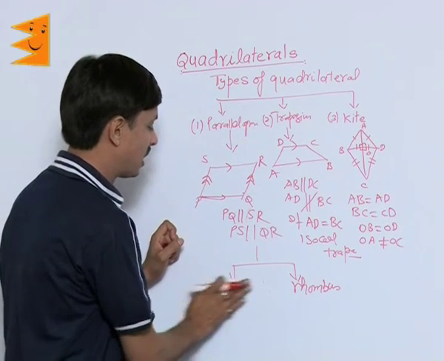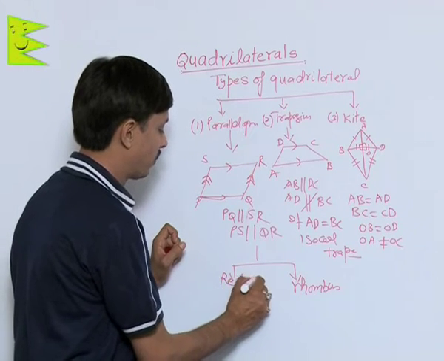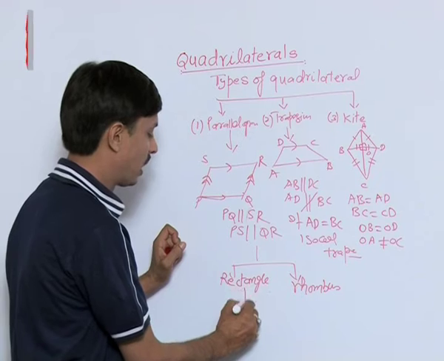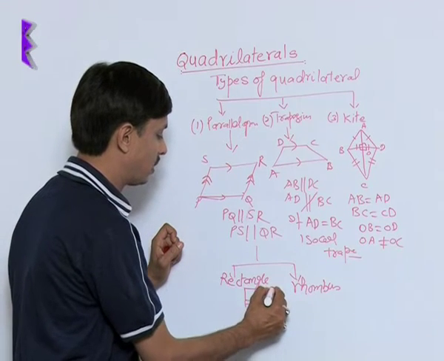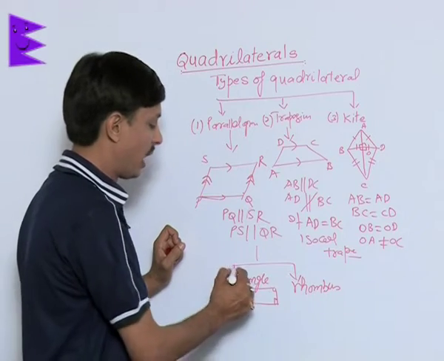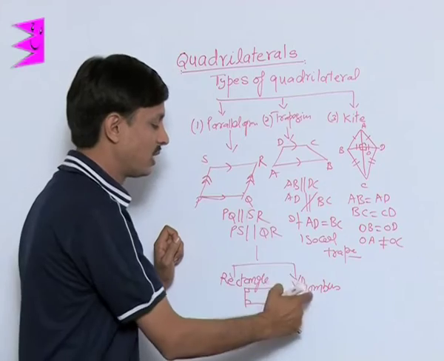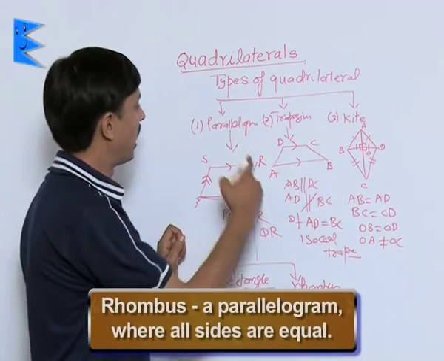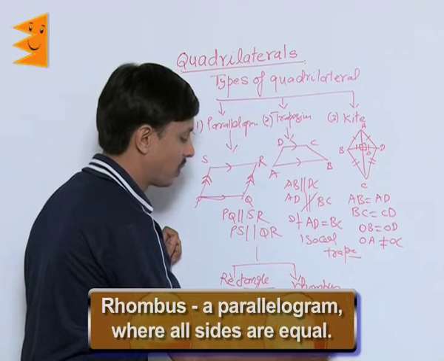So one of the varieties is the rectangle. What is the rectangle? Rectangle is that parallelogram where each angle is 90 degrees, and diagonals are equal. Diagonals bisect each other. What is the rhombus? Rhombus is that type of parallelogram where all sides are equal.